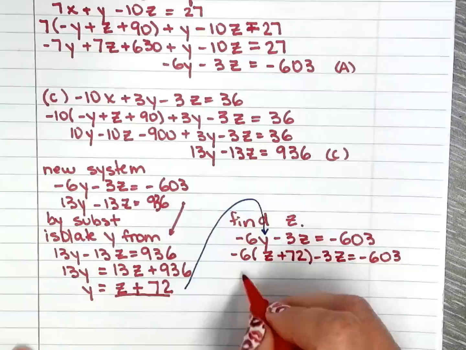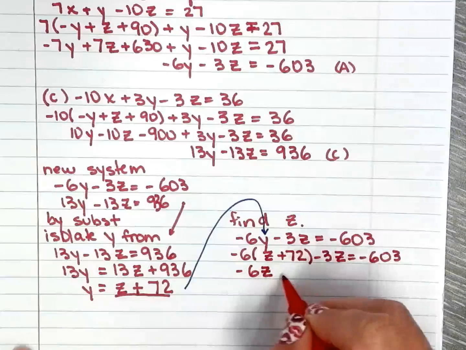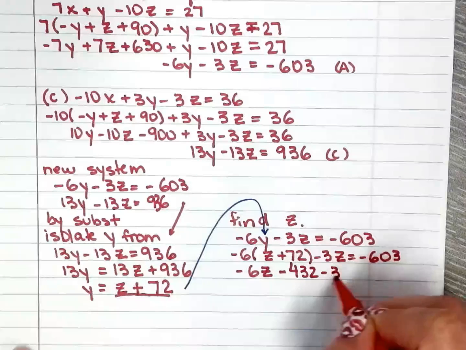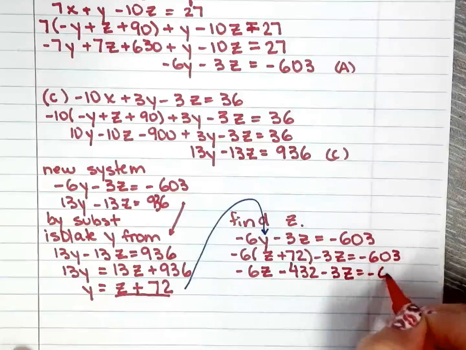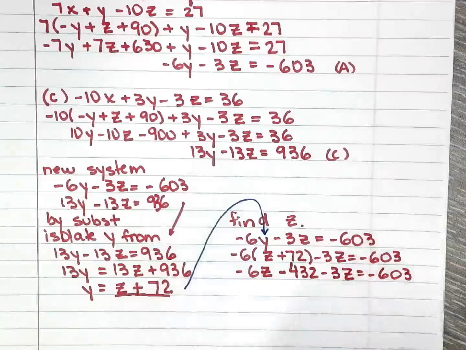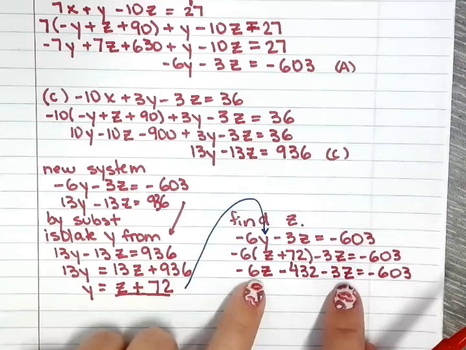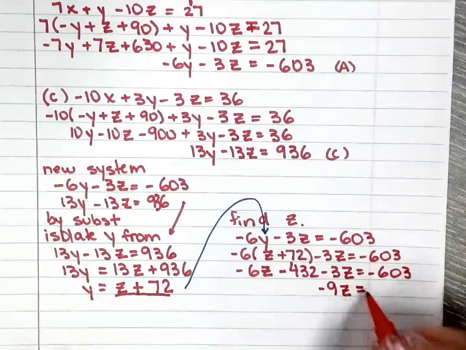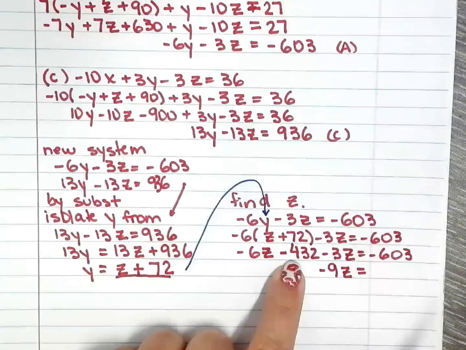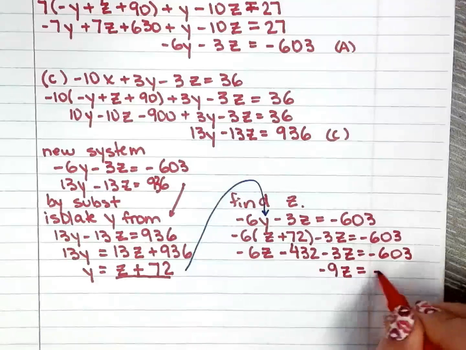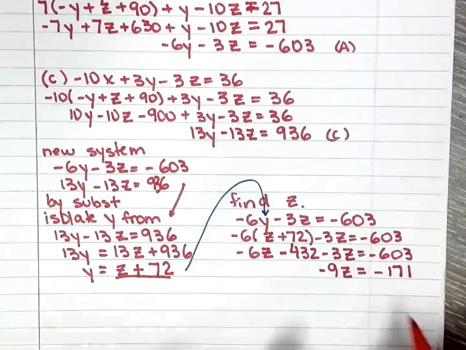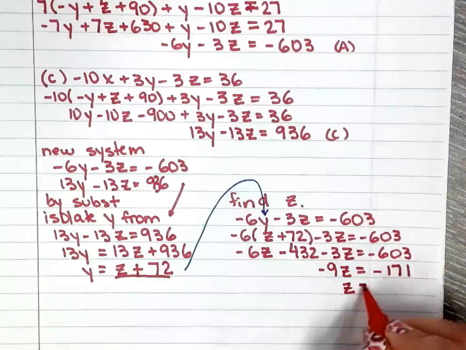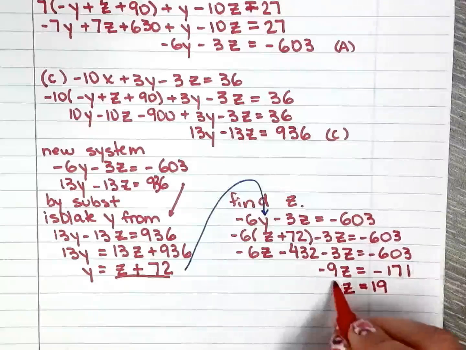Distribute negative 6. Combine z. Add 432. Divide by negative 9. We're getting somewhere.